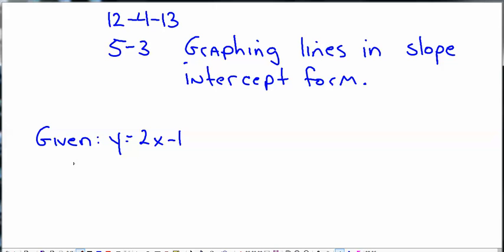Okay, what's the slope of this line? 2. What's the y-intercept? Good. So, you construct your graph.